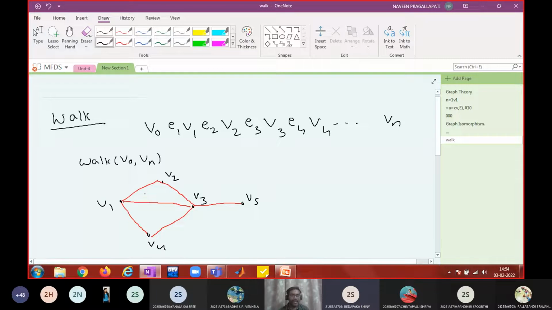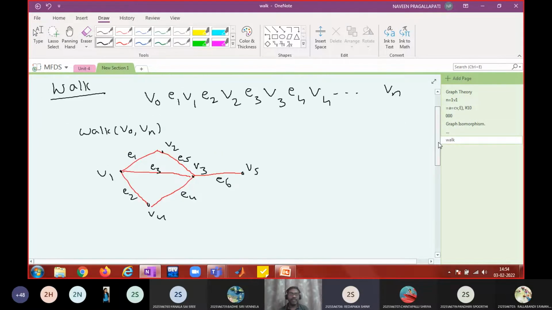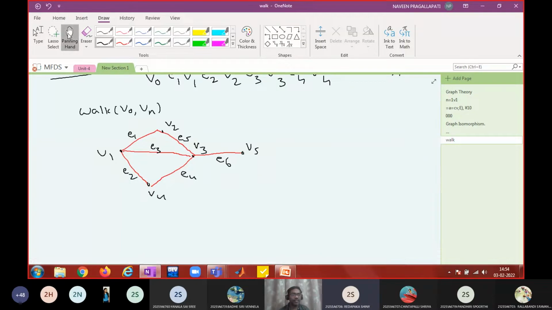Let me call the edges E1, E2, E3, E4, E5, E6. Just like you traverse from one node to another node, whatever you come across, you write that in a sequence.